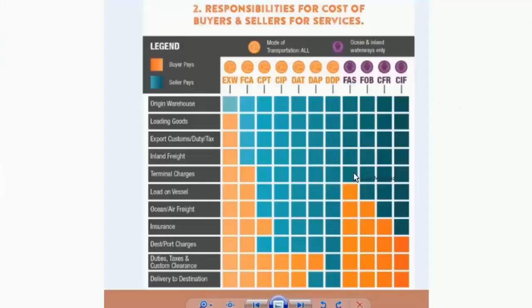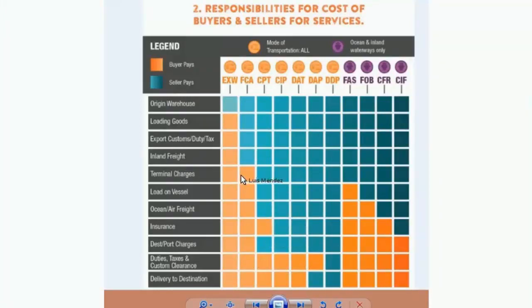So the responsibilities for the cost, in this case, who is going to be in charge of paying for which operation or thing. The orange parts are for the buyer.